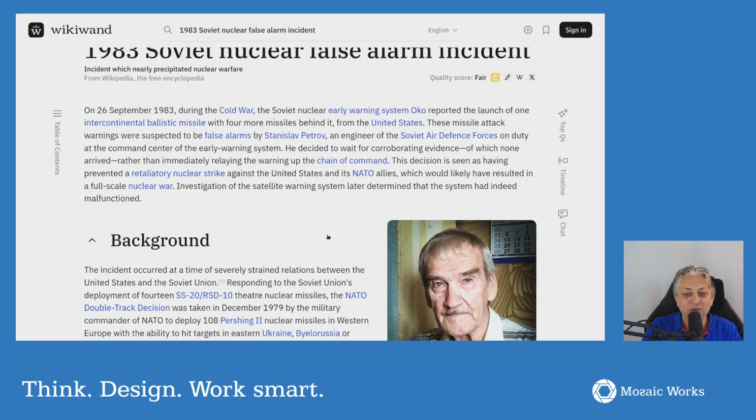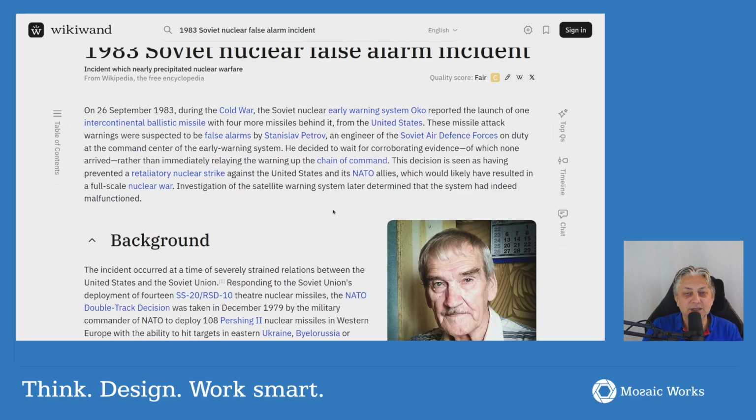He decided to wait for corroborating evidence, which never arrived, rather than, so this is the critical thing, this guy had about, I don't remember exactly, but it was a matter of seconds, 90 seconds, something like that.